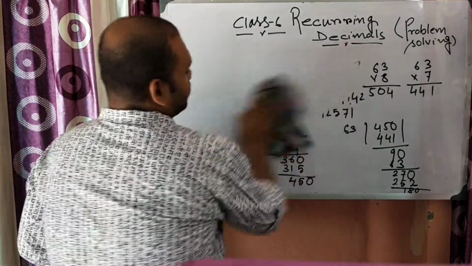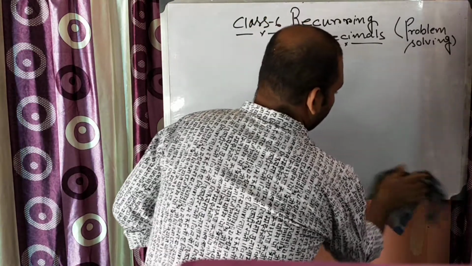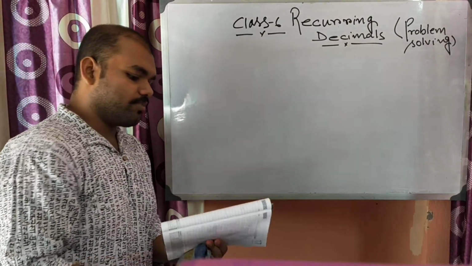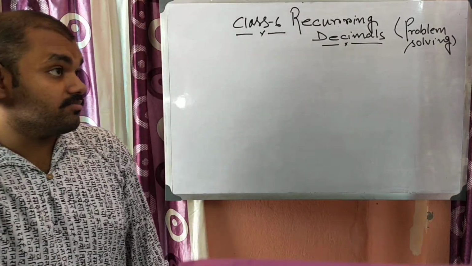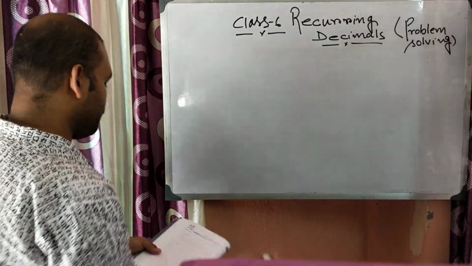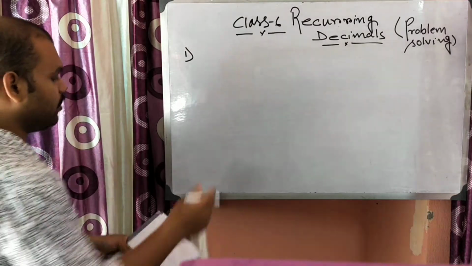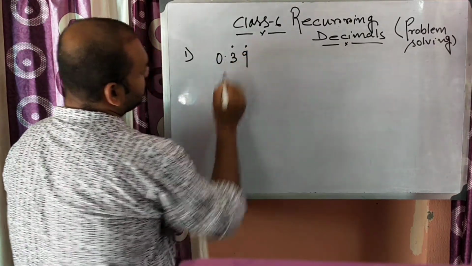So this one is the first type. Next we need to solve another type. Next type, you need to find pure or mixed recurring decimal, and you need to find the fraction from there. Like the first one, 0.39 recurring. Is it pure or mixed?